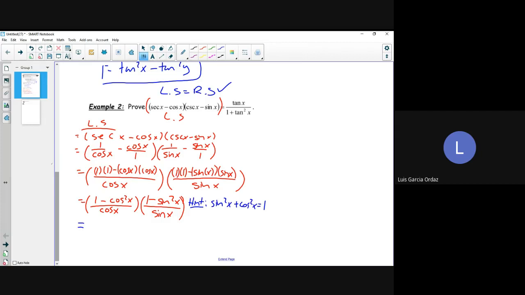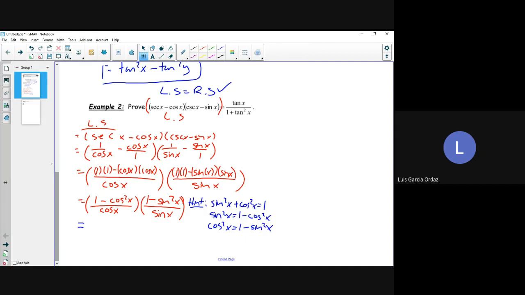So all we would have to do is rearrange that identity so that we can get an expression of sine squared x or cos squared x is equal to 1 minus something. If we rearrange this in two ways, we get sine squared x is equal to 1 minus cos squared x, and cos squared x is equal to 1 minus sine squared x.